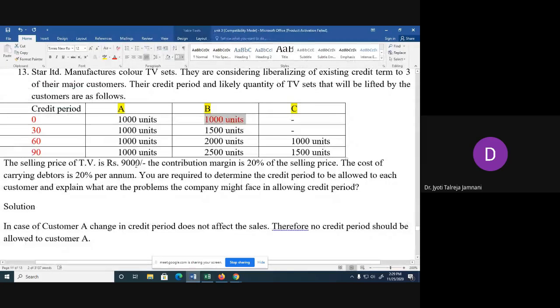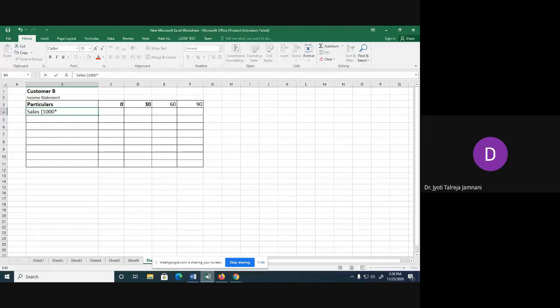The selling price of TV is rupees 9,000. So 1,000 into 9,000 is 90 lakhs.